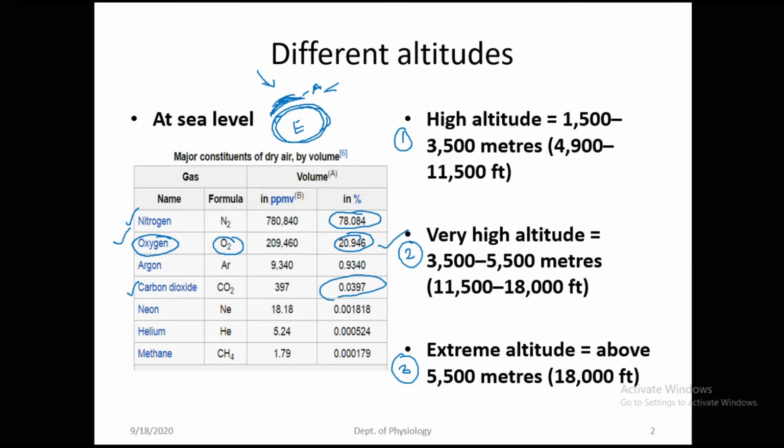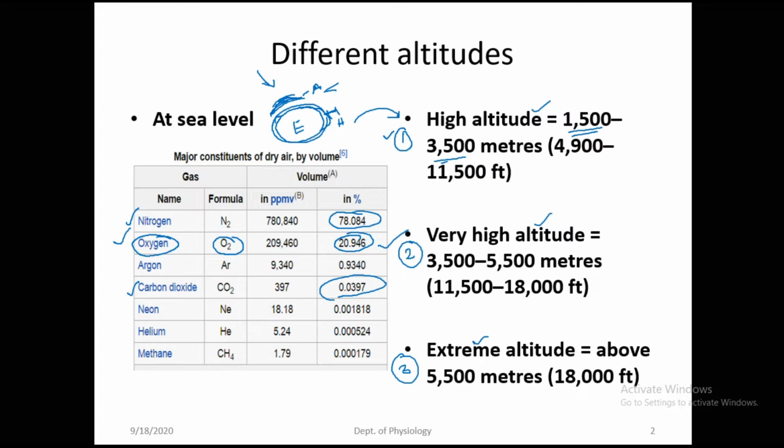As far as altitude is concerned, we have three levels: high altitude, very high altitude, and extreme altitude. High altitude is considered to be 1500 meters to 3500 meters from the earth. This is the beginning altitude, and it falls from 1500 to 3500 meters.